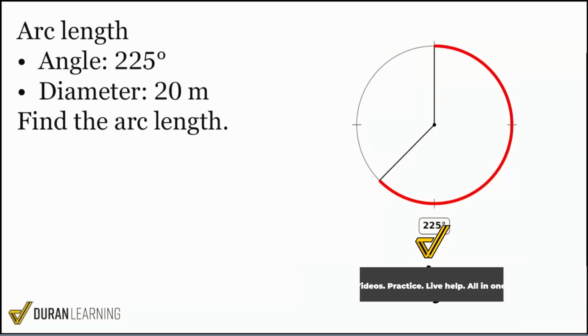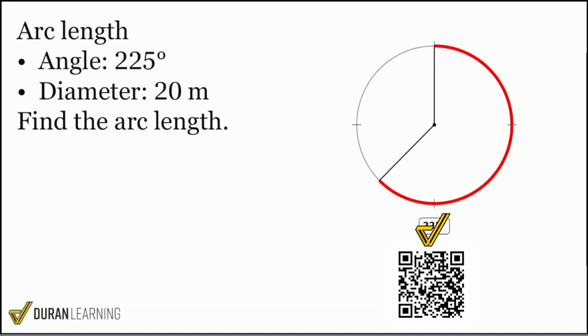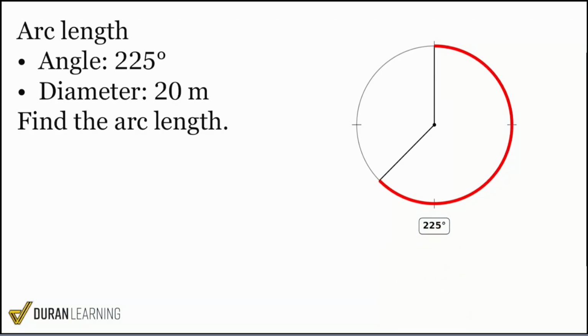That's right. So notice, we're not trying to calculate the entire circumference. We're only trying to calculate part of it. Not the entire 360 degrees, but just 225 degrees. Again, that's the portion, 225 out of 360.